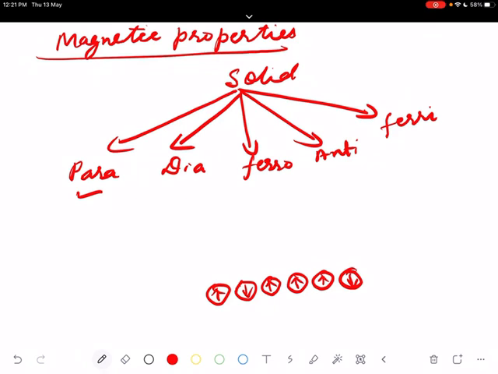In the presence of a magnetic field, they are weakly attracted by the magnet. Example is Fe3O4. So they are in unequal number. The domains are aligned in parallel and anti-parallel directions in unequal numbers. So we call them ferrimagnets.